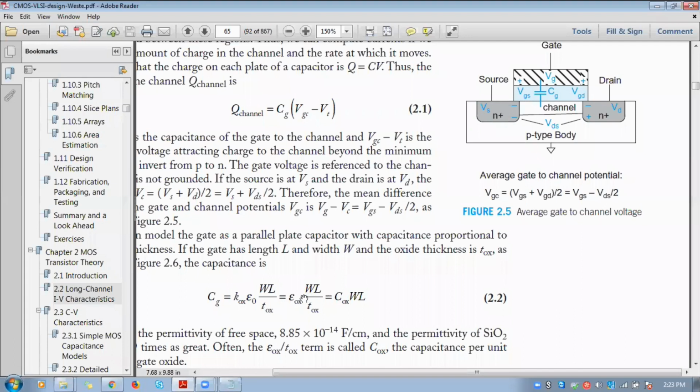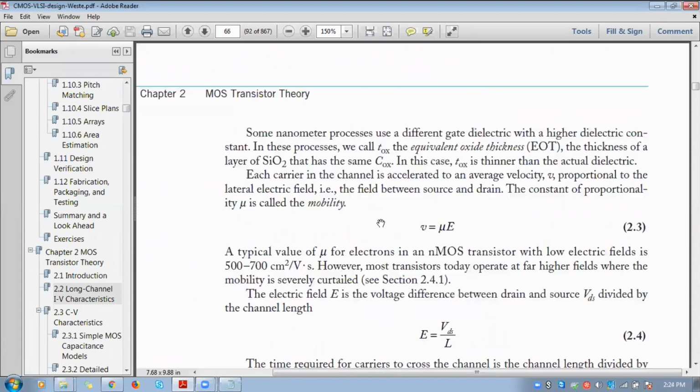A is the area, width times length of the transistor, W into L, divided by the distance between the two parallel plates, which is the silicon dioxide thickness, T naught x. Epsilon naught x divided by T naught x is denoted as C naught x. So Cg equal to C naught x into WL. Substituting that, Q channel equal to C naught x WL into VGS minus VDS by 2 minus VT. We can modify the equation like that.